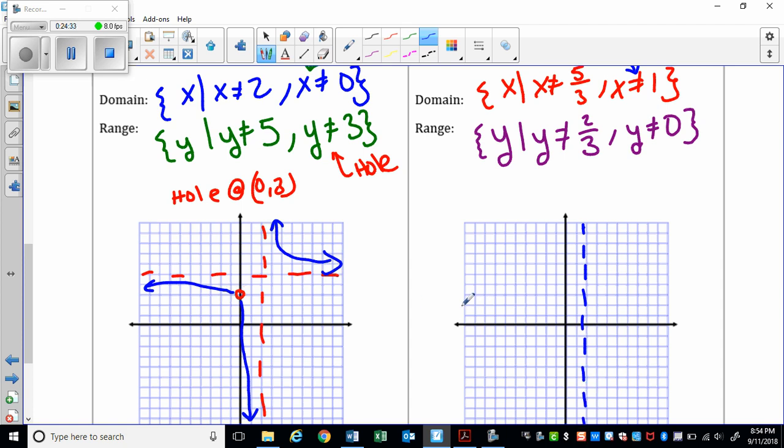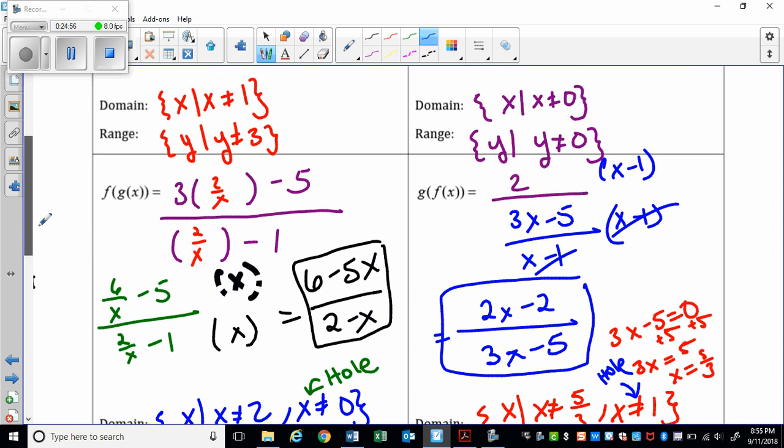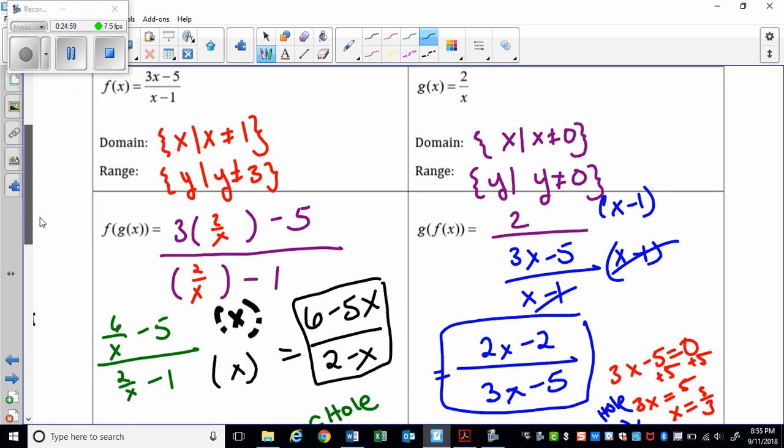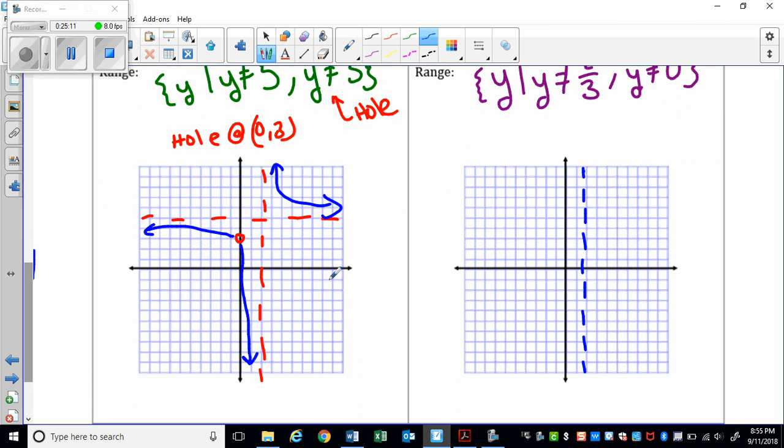And then there is a horizontal asymptote when y equals 2/3. All right, I was just looking to see if it was negative 2/3. Okay, so y equals 2/3.